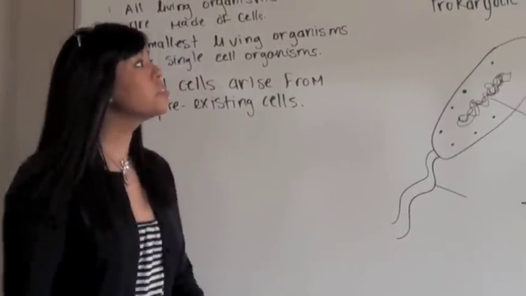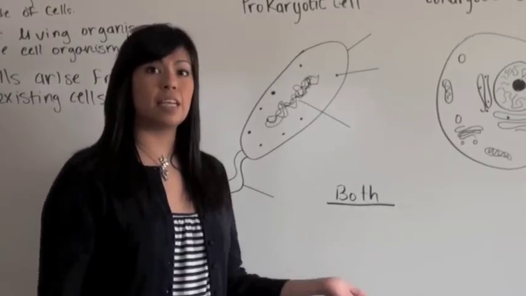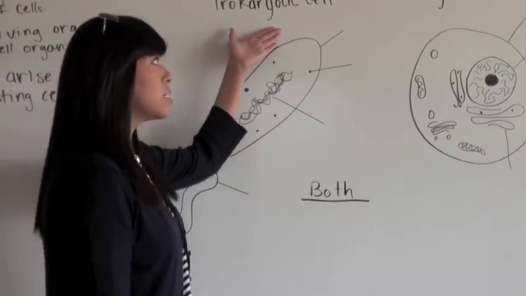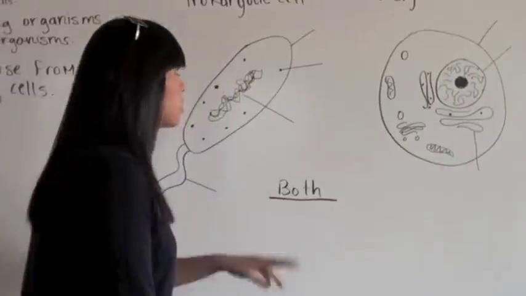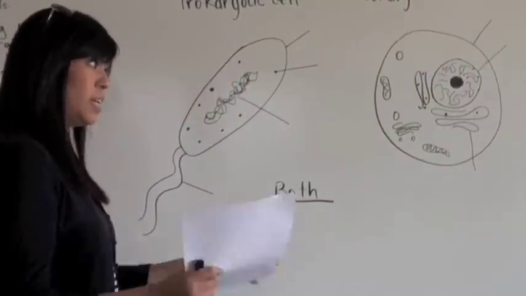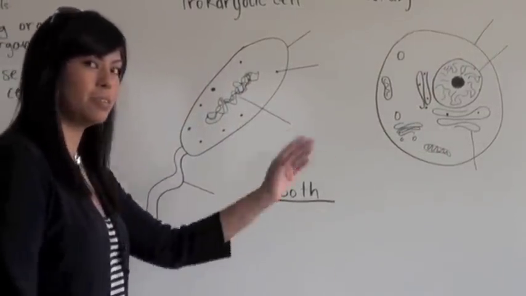So now I'm going to go into the two basic kinds of cells, which are our prokaryotic cells and our eukaryotic cells. These are pretty much the basic, all basic, just dividing them into two.